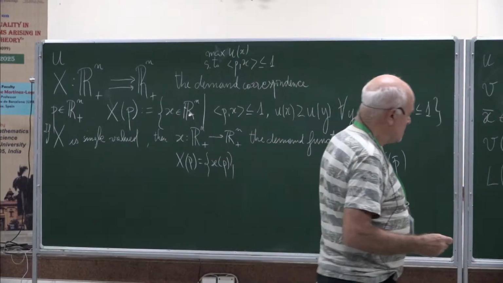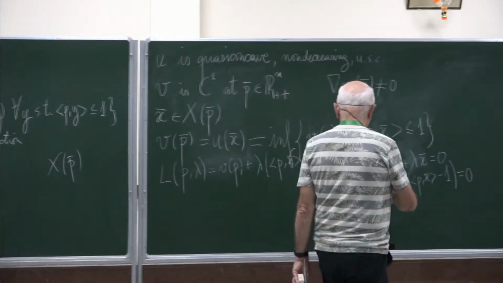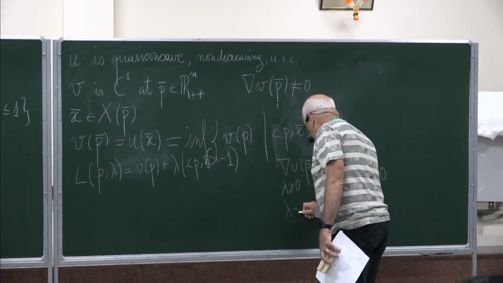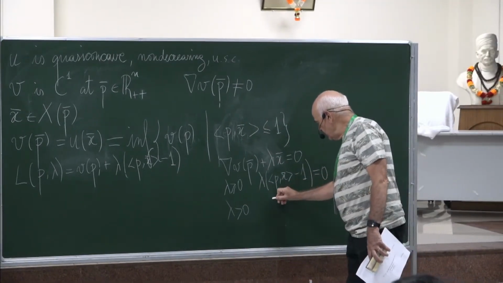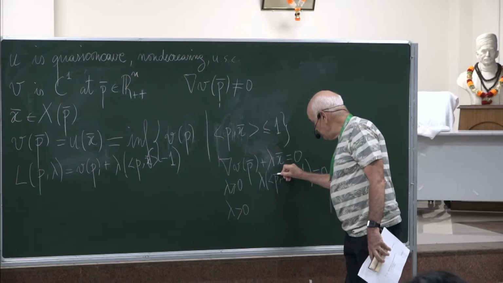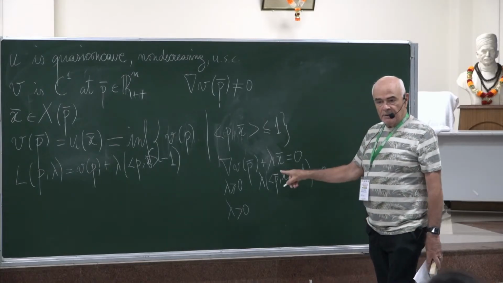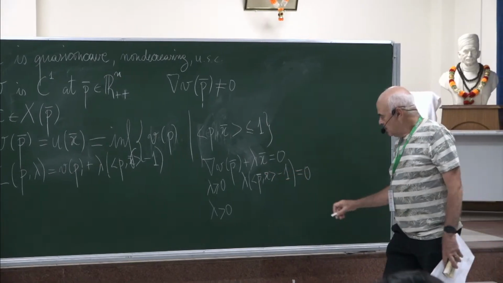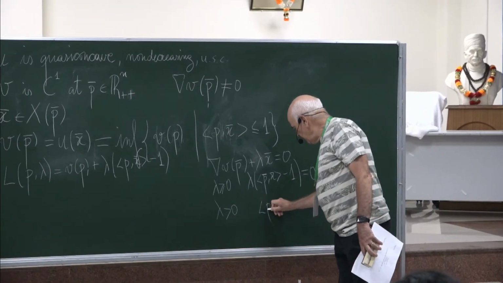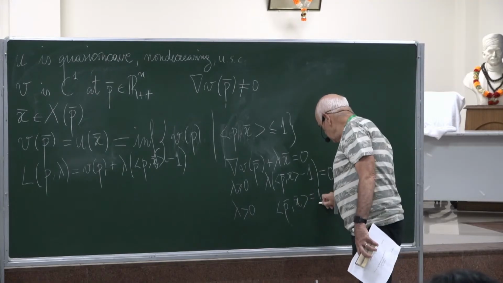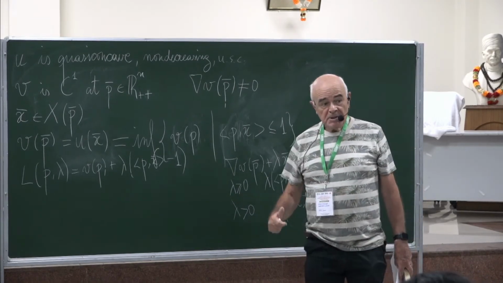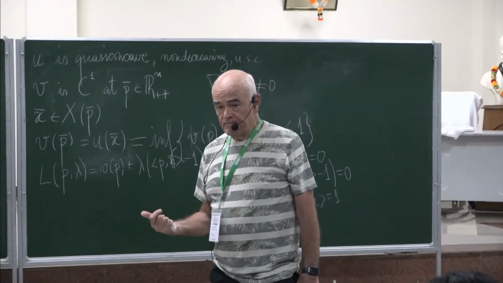So lambda must be strictly positive. So this factor is equal to 0. Sorry, this is P bar, okay? We are writing this for the optimal solution. So P bar X bar is equal to 1. This means I'm spending all my money, my 1 rupee.